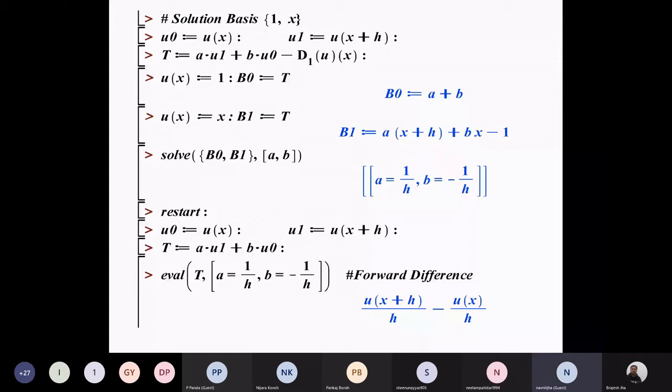Can we explore those two functions, audience? Yes, sir. So the same space can be generated by 1 comma e raised to the power x.